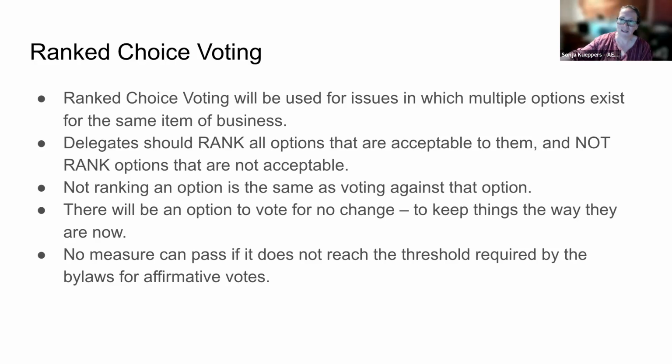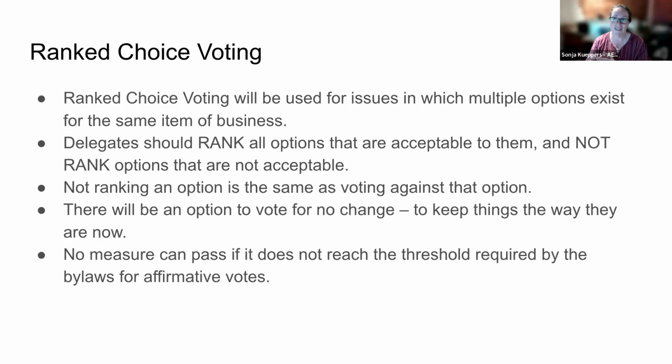It's also possible that we may discover during the meeting that we have to use ranked choice voting for some other matter of business. This would happen if someone objected to allowing an amendment to a bylaws amendment, for example.